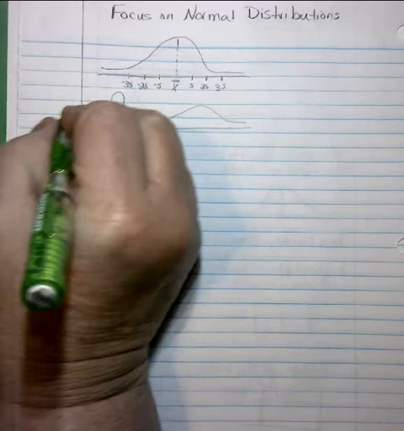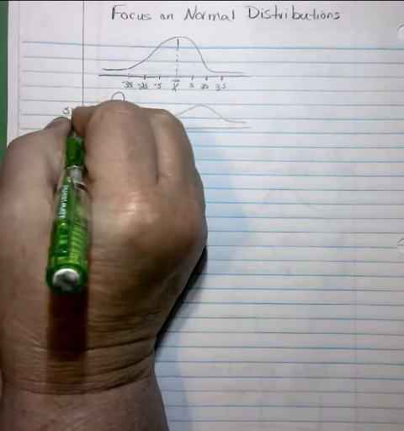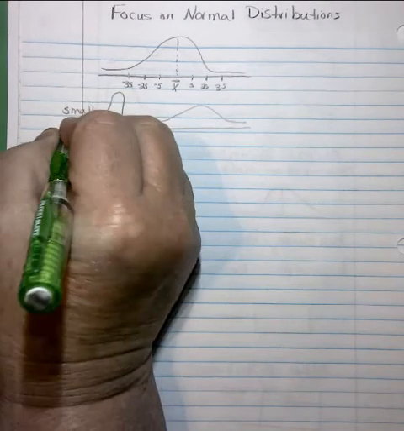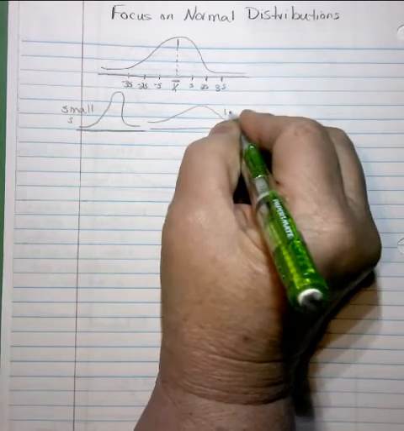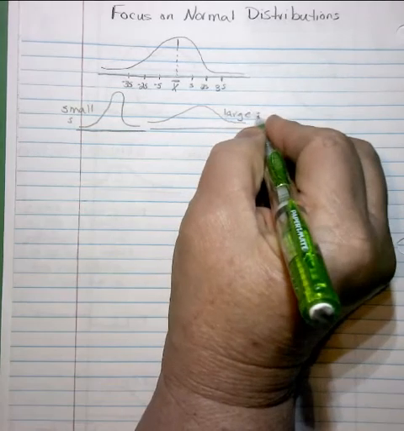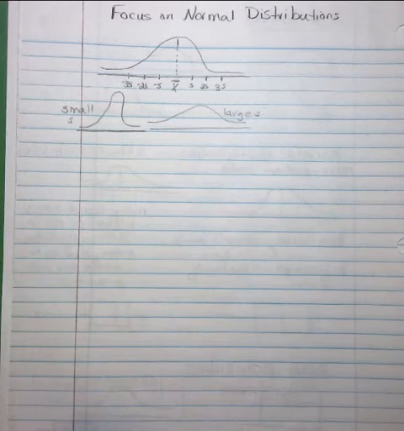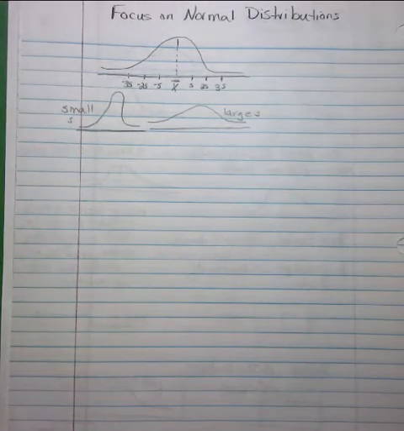So these are small standard deviations, where these are larger standard deviations, and it changes the shape of our normal distribution according to the size of the standard deviations.